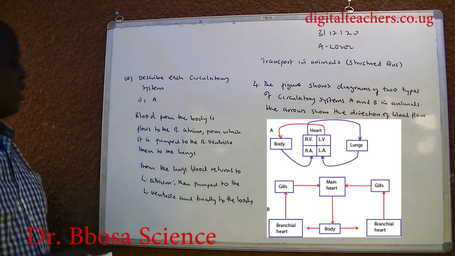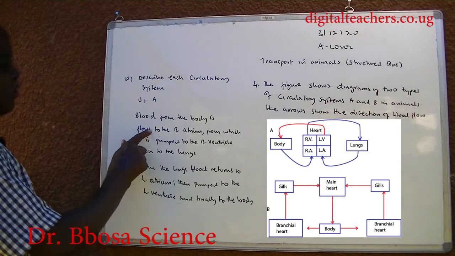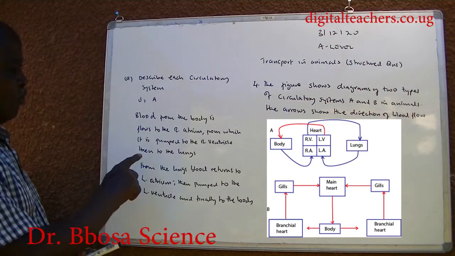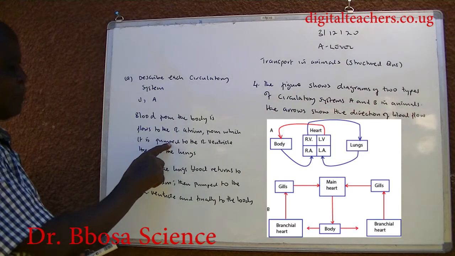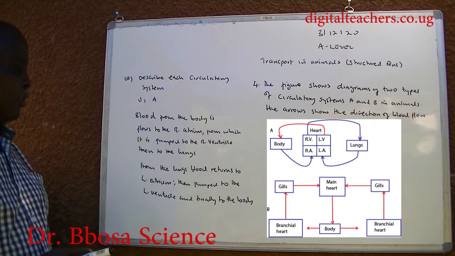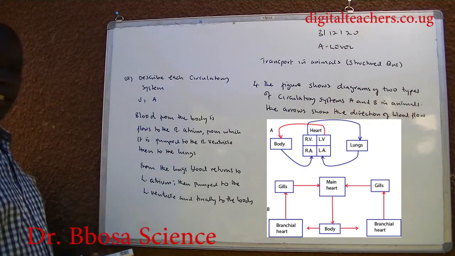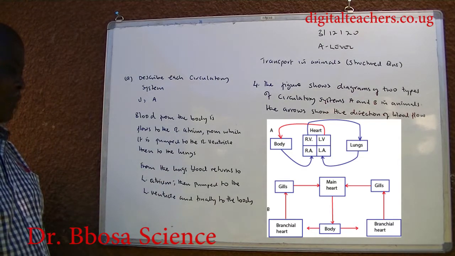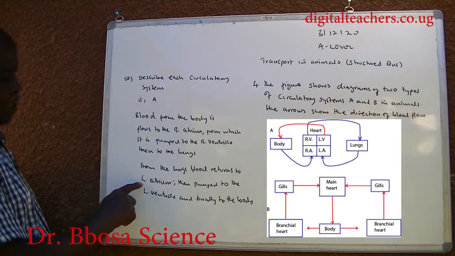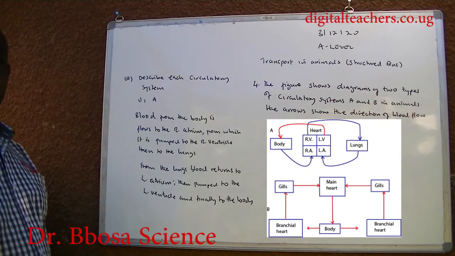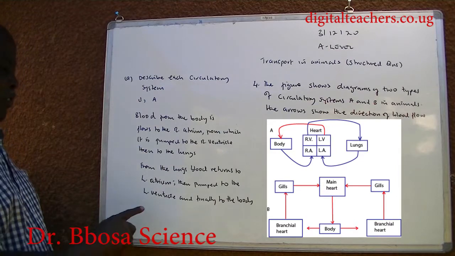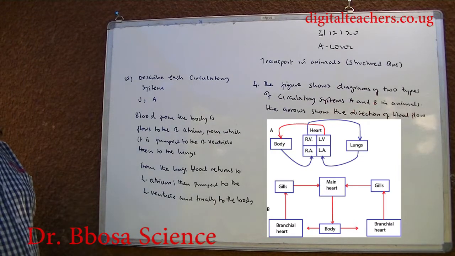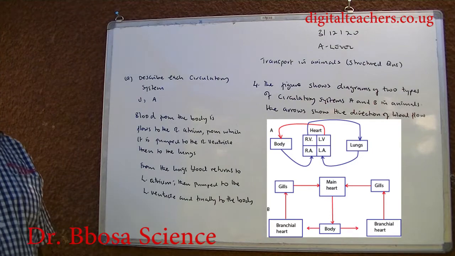In A, blood from the body flows to the right atrium, from which it is pumped to the right ventricle, then to the lungs. From the lungs, blood returns to left atrium, then pumped to left ventricle, and finally to the body.